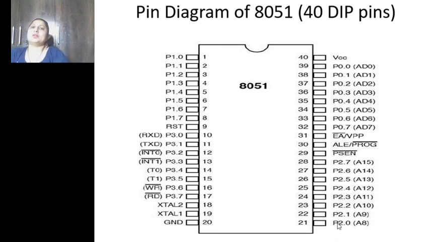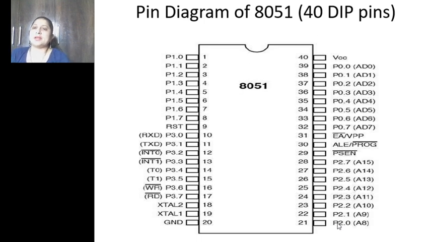When we talk about the ports, Port 1 is used as an input output port. It is a bidirectional port, pin number 1 to 8. Then the reset pin will reset all the values of the 8051 registers, which include PSW, ports and different registers of the 8051.